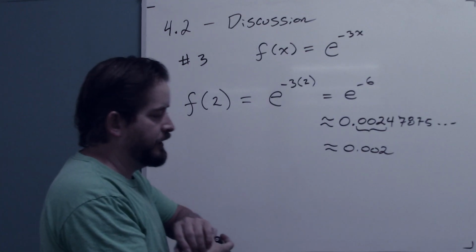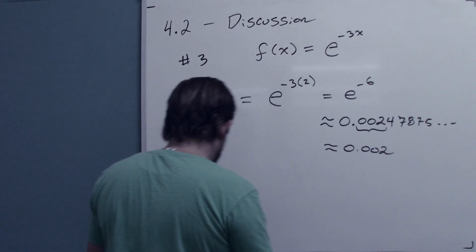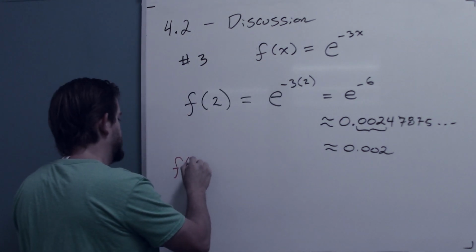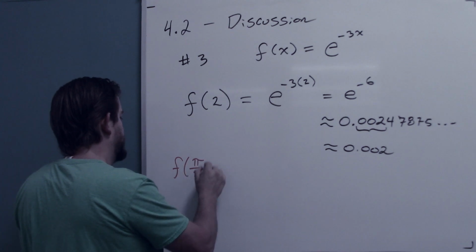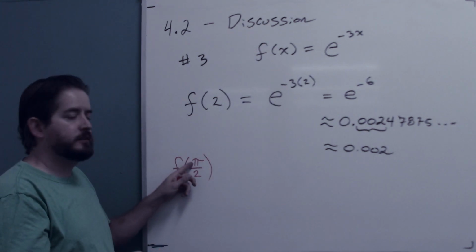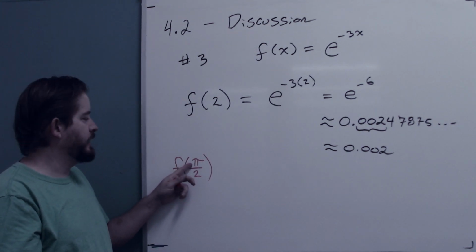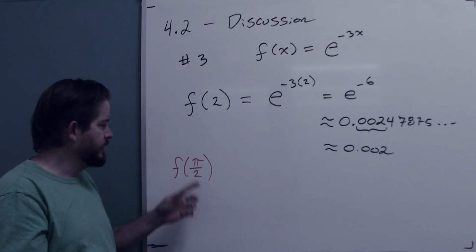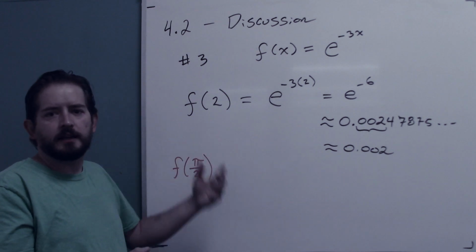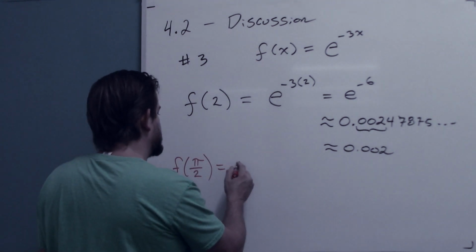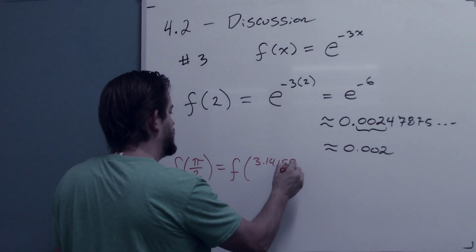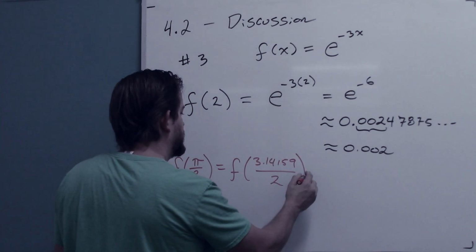If I'm looking for the next one here, it says pi over 2. F of pi over 2 would be, again, you can use your calculator to throw in pi, or you can just estimate it at 3. I would use as many decimal places as you can get. 3.14159 should be sufficient. So this is f of 3.14159 divided by 2.